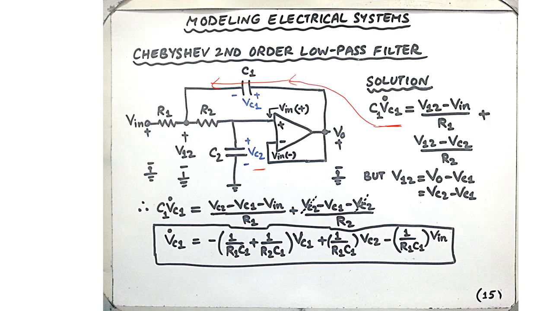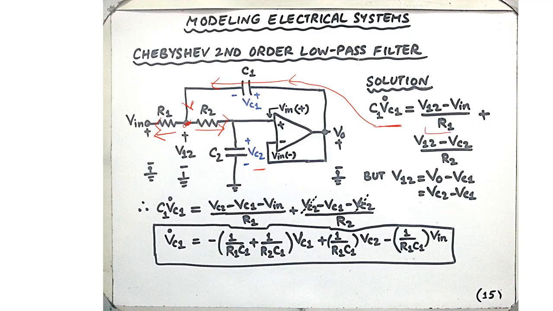That can be easily computed with the help of Kirchhoff's current law. So the current through this branch is the current over here and the current over here. The current entering this node is the current that goes through R2 in this direction and the current that goes through R1 in the opposite direction.